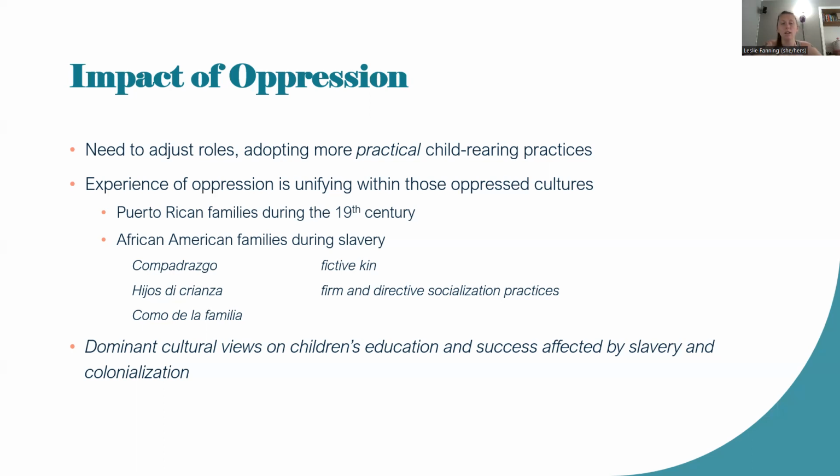So I think that's a really great example, and how even though we don't have slavery, these same types of discipline practices tended to be passed down because that's how these generations learned to discipline, and it was effective. If it's not broke, why fix it? We know now that these are not really the most effective practices, but we need to be very sensitive to their background and where they came from.